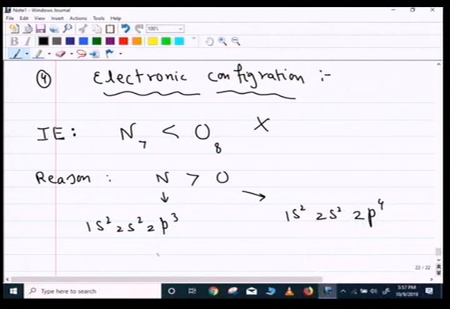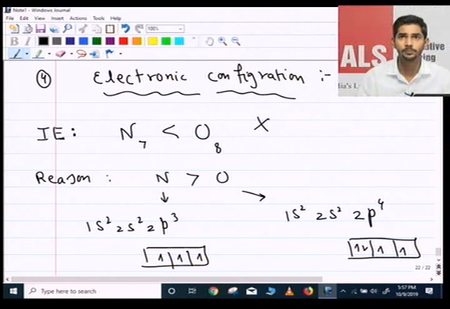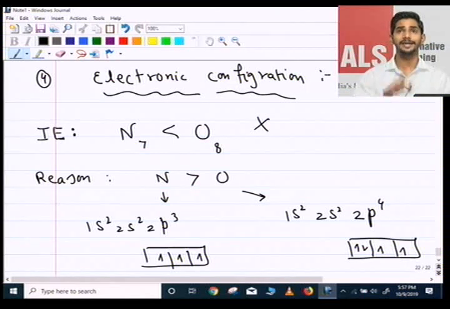Now guys, we can simply look at this. This is 2p3, which is exactly half filled, but in case of 2p4, it is not exactly half filled. I have discussed this point in the structure of atom, that exactly half filled and exactly fully filled configurations are highly stable as compared to partially filled configurations.